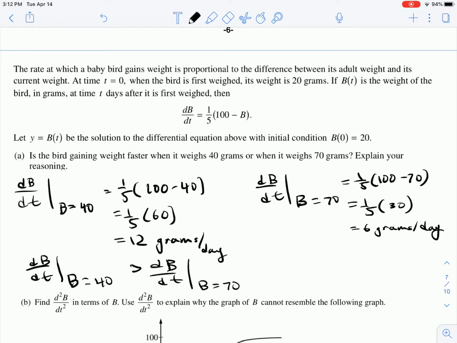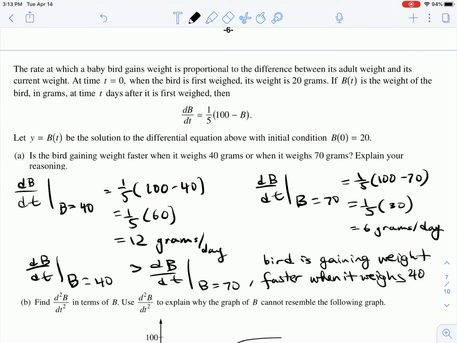Therefore, we can see that the bird is gaining weight faster when it weighs 40 grams. Just write that underneath.